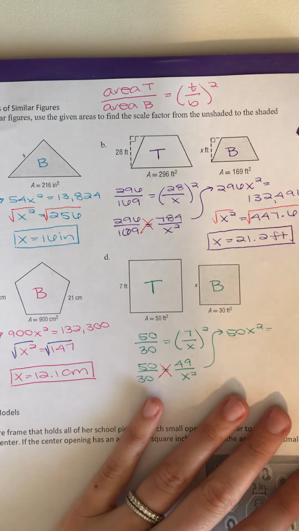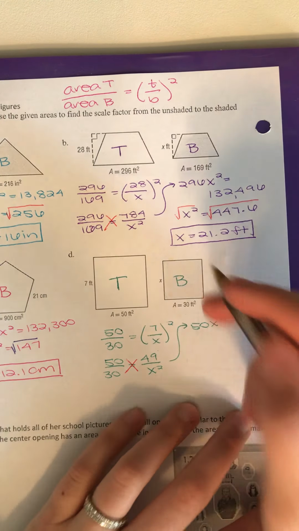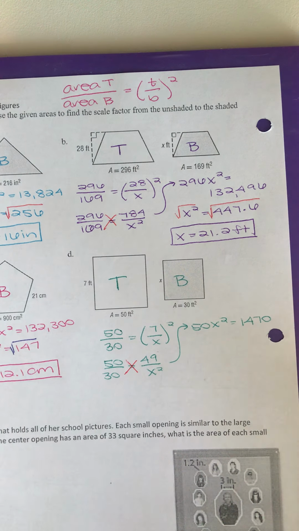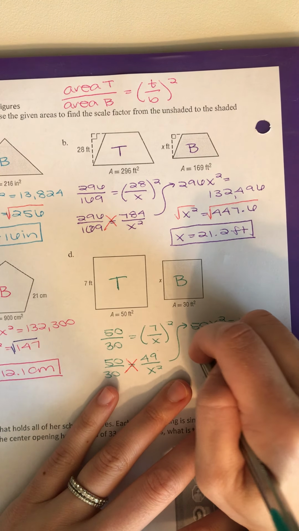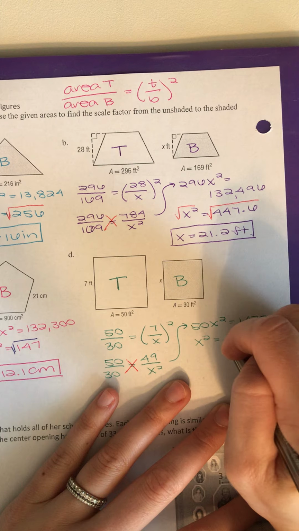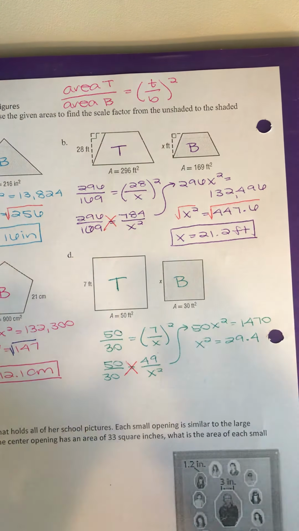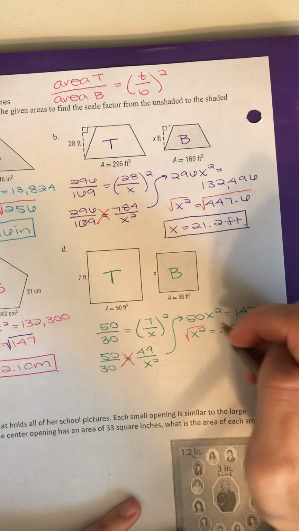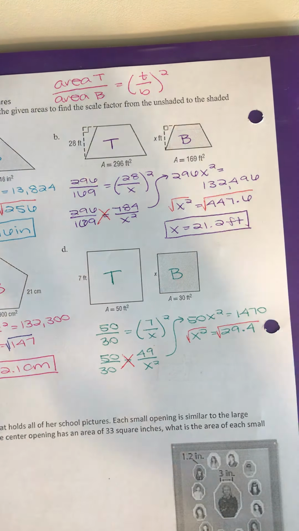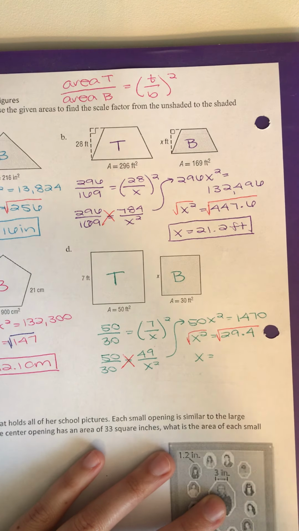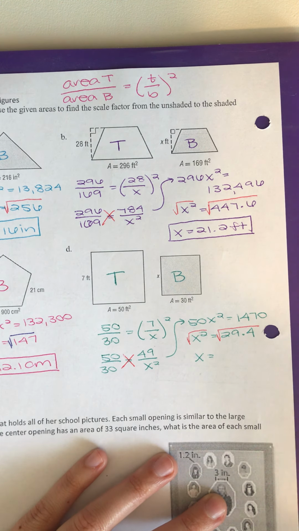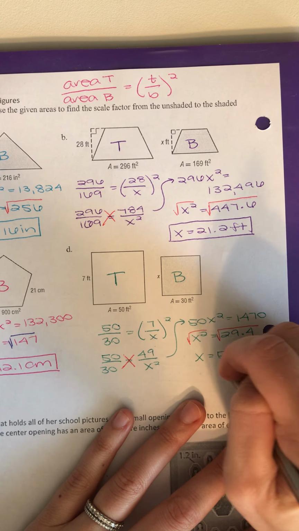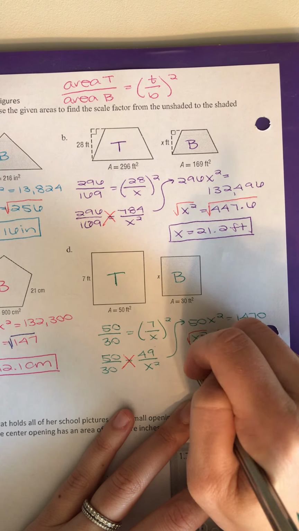This time it's a little bit smaller of a number, 1,470. Divide both sides by 50. You get 29.4. Take the square root of both sides. And your answer is about 5.4 feet.